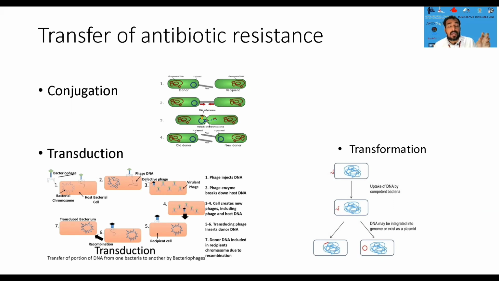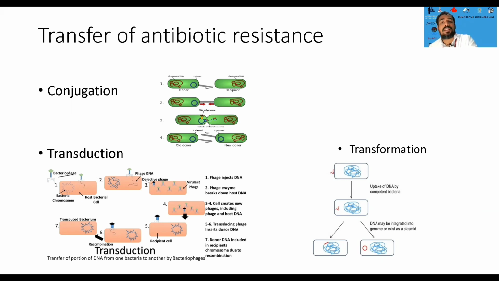When considering the resistant bacteria, how it can spread the resistance gene from one bacteria to another is also something we need to understand. The antibiotic resistance will usually be present in the gene. In the first scenario, you can see that the resistance gene, which is carried by the plasmid, can be transferred from one bacteria to the other by the mechanism called conjugation, where there is a cell membrane attachment from one bacteria to the other, and using this pipeline, the plasmid gene is transferred from the first bacteria to the newer bacteria.